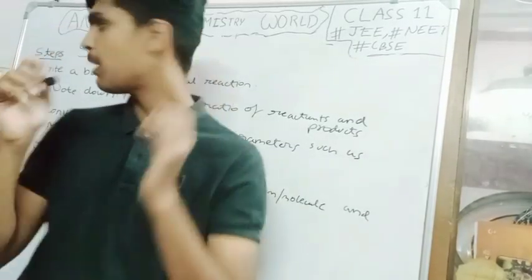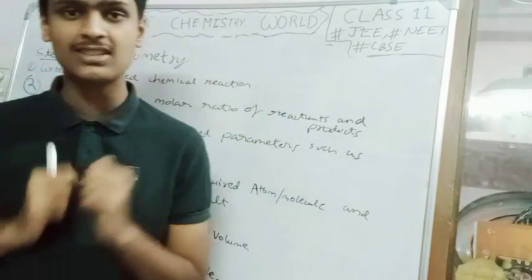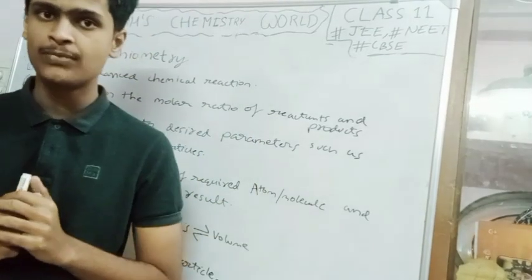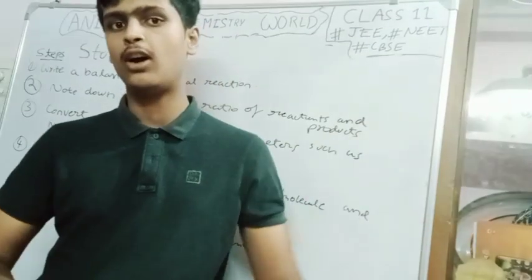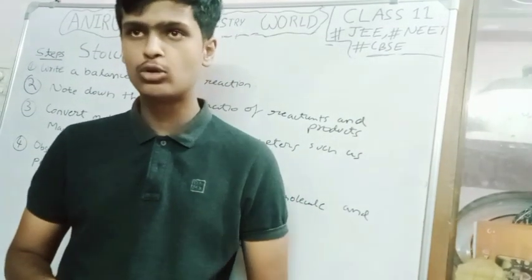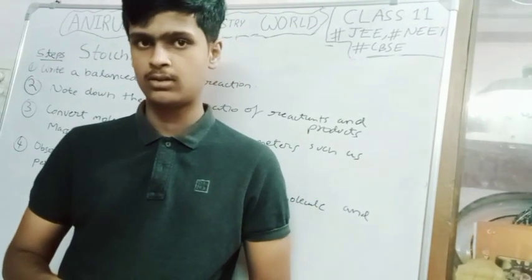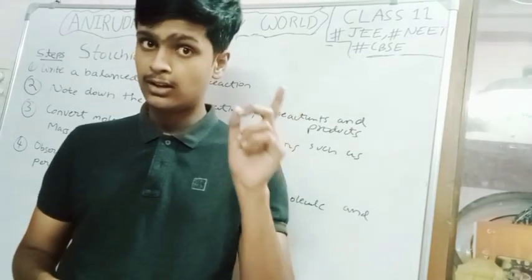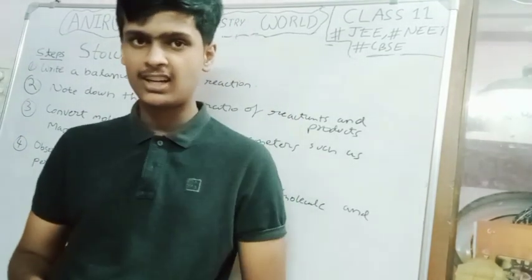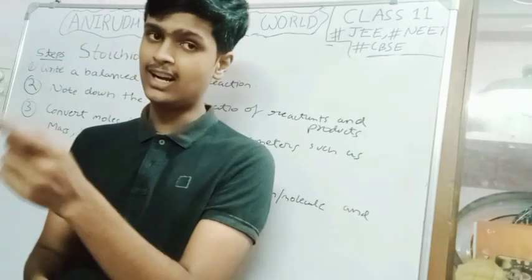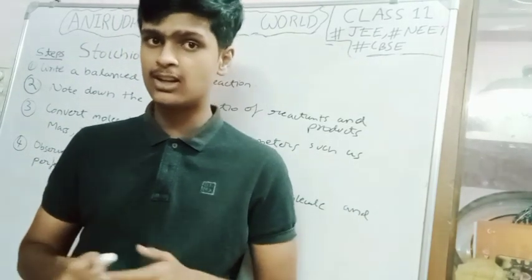What does a balanced chemical reaction mean? A balanced chemical reaction is one where the number of atoms of reactants is the same as the number of atoms of products. Suppose on the left hand side you have 2 moles of nitrogen. According to the law of conservation of mass, atoms can neither be created nor destroyed.